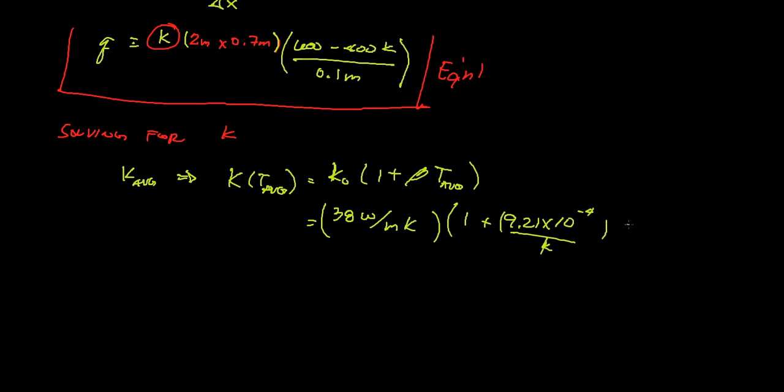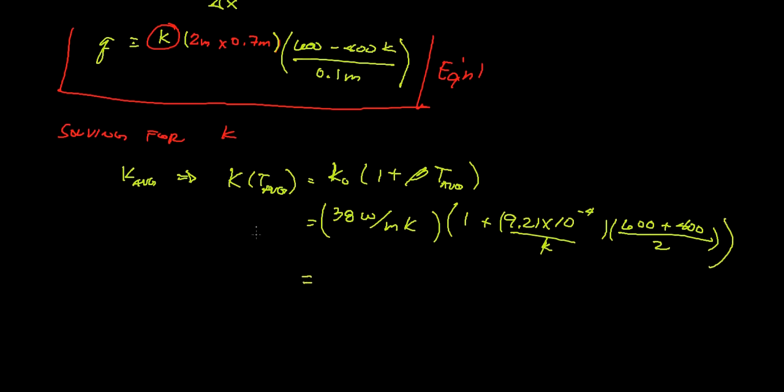It is being multiplied by the temperature, wherein we need to get the average temperature. So we need to add the two surface temperatures and divide by 2 to get the average.